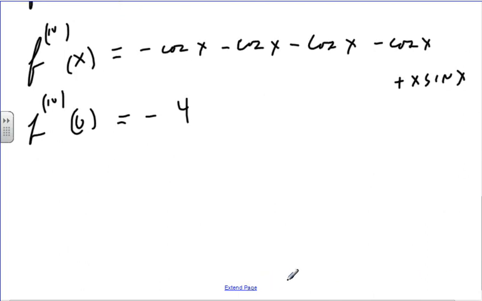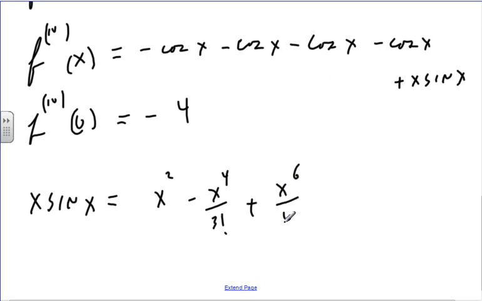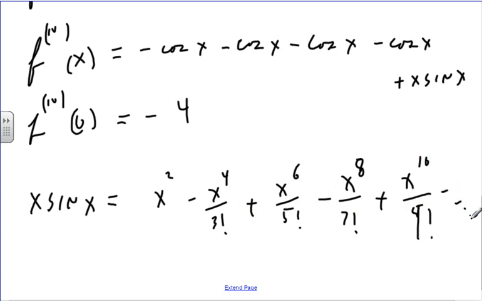I'm going to say that it's going to work, and that my function x sine x is going to equal x squared minus x to the fourth over 3 factorial plus x to the 6th over 5 factorial minus x to the 8th over 7 factorial plus x to the 10th over 9 factorial, blah, blah, blah. All right, so that worked out okay.